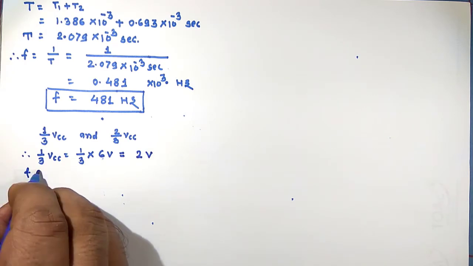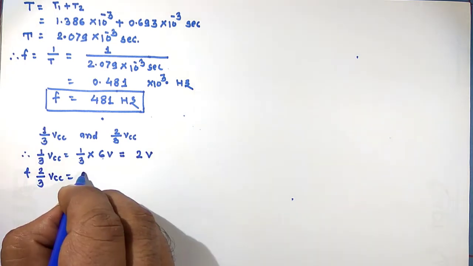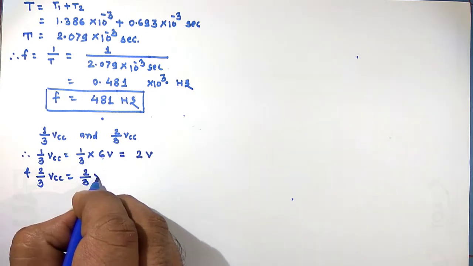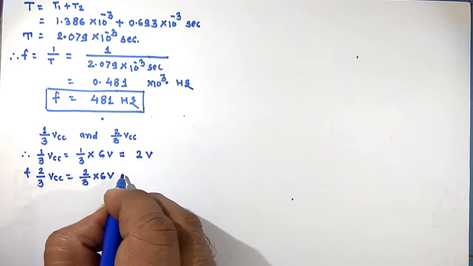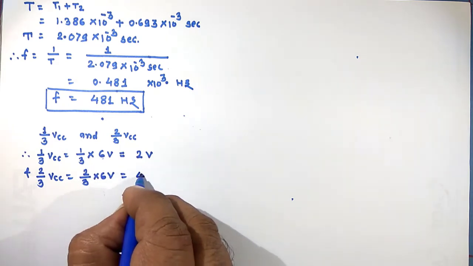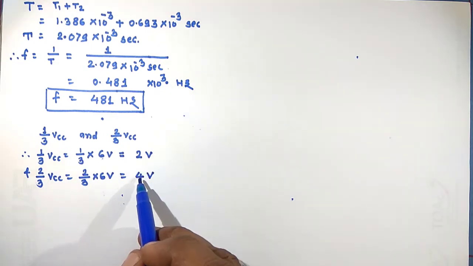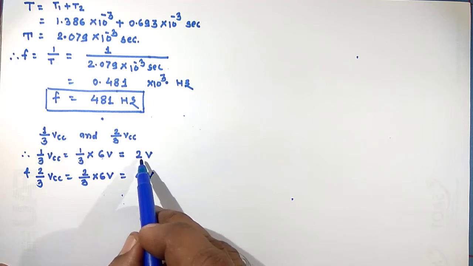And 2/3 VCC is equal to 2 by 3 into 6 volt, that is equal to 2 into 2, that is 4 volt. Hence capacitor charges from 2 to 4 volt and discharges from 4 to 2 volt.